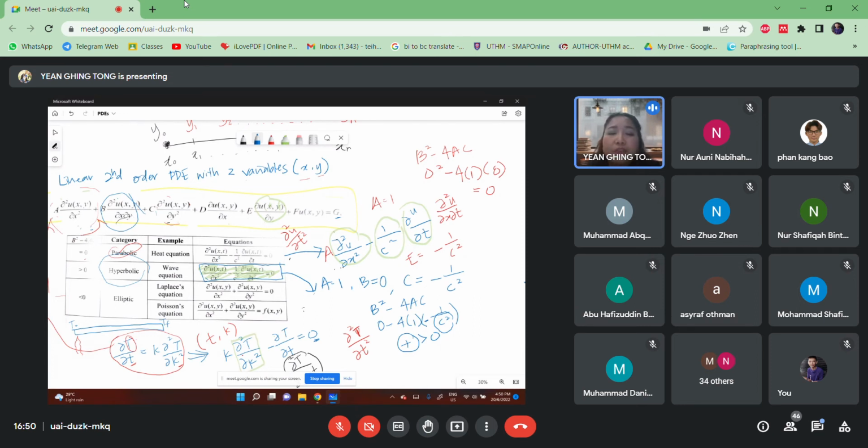And the difference between Laplace and Poisson is that for Laplace the right side is 0, and for the Poisson equation the right side has some value here. It means there is some other expression, maybe like X plus 2Y, some equation at the back, it's not equal to zero. Okay.